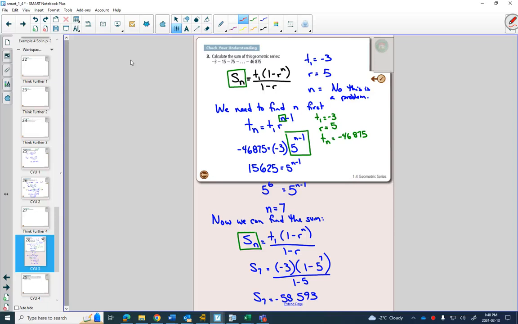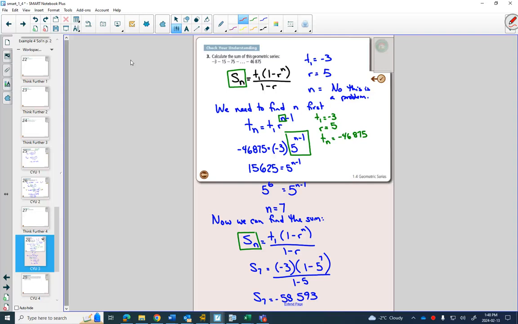But we have to realize that Tn, that's any term. And if we want to know what the very last term is, that's going to be the one where we have n terms. Tn often represents the last term. So I know what the last term is, and if I solve what n is for that last term, I will know how many terms there were.